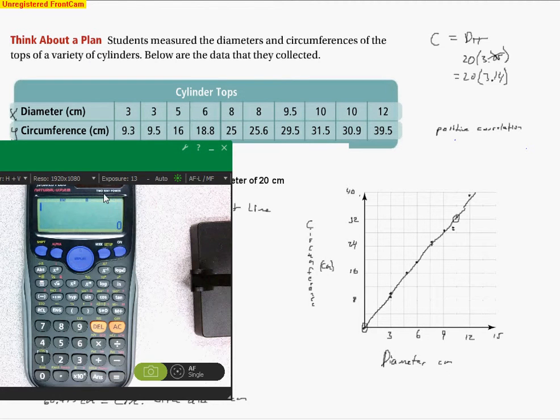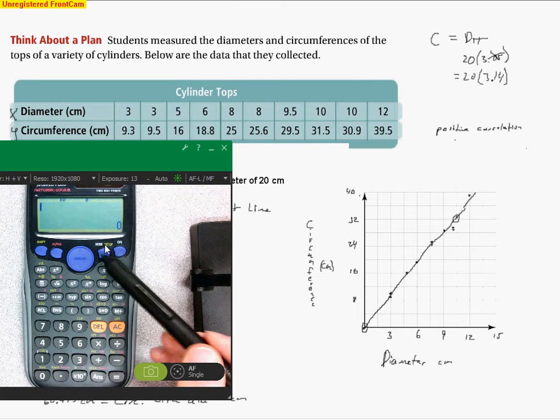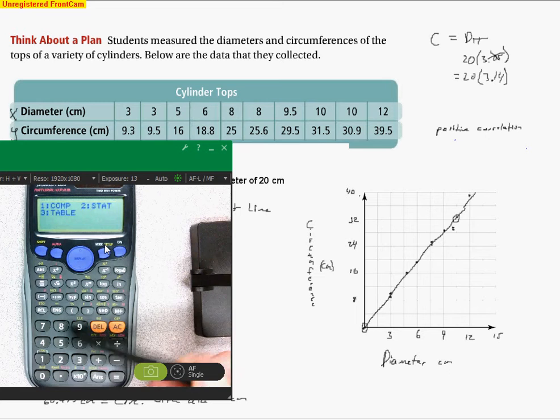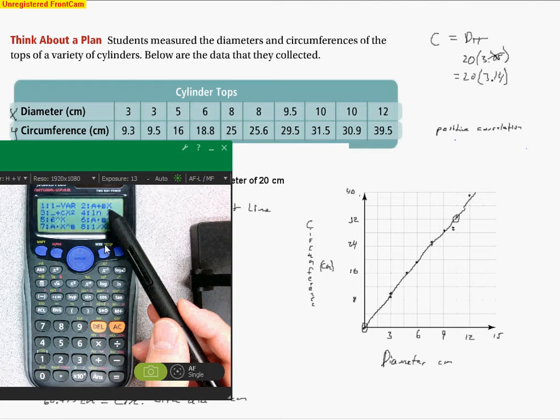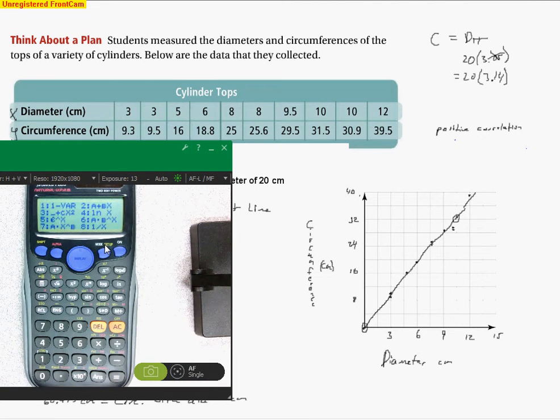And so I'm using this Casio, and this is a 300 ES Plus, and so the way we're going to do that is we're going to start with the stat mode. And so I have to press the mode button here, and I'll have these three different choices. So I'm going to press number 2 for stat, and when I do that, you see how we have these different choices. This is the one we want, this A+BX, and so let's talk about what that means real quick.